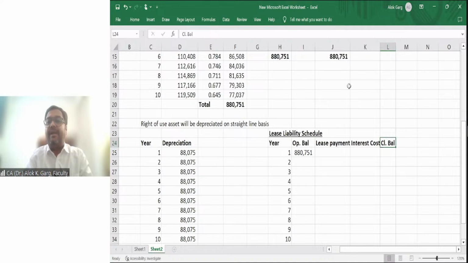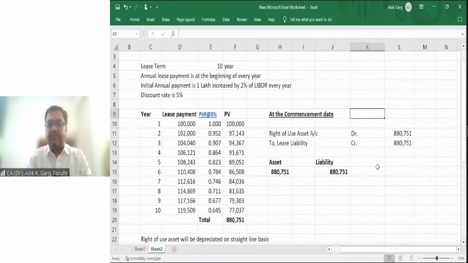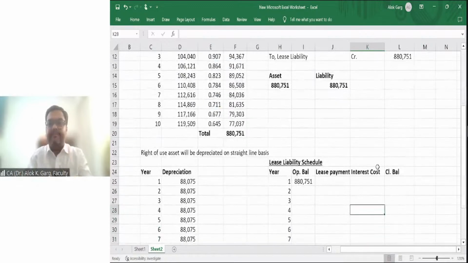Interest cost at the rate of 5%. Is that clear? Interest cost at the rate of 5%.